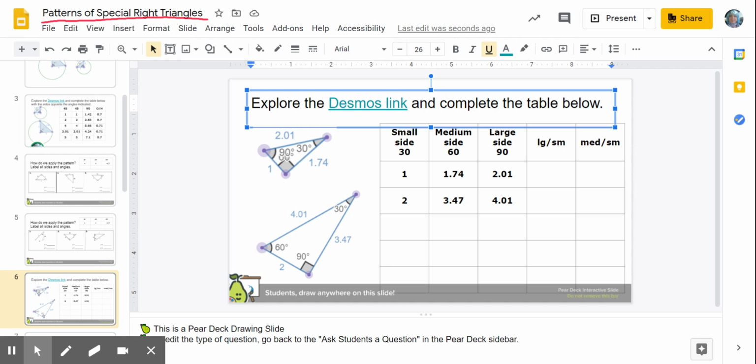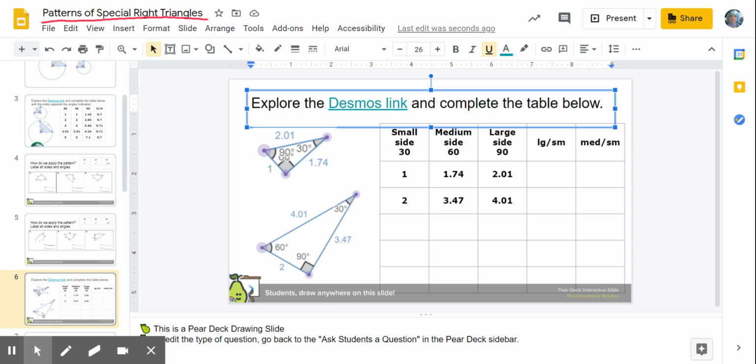I'm going to move this down here a little bit. And the angles have to stay the same. You have to have a 60 and a 30. So if I make this a 2, what do you notice? What if I make this 2.5?